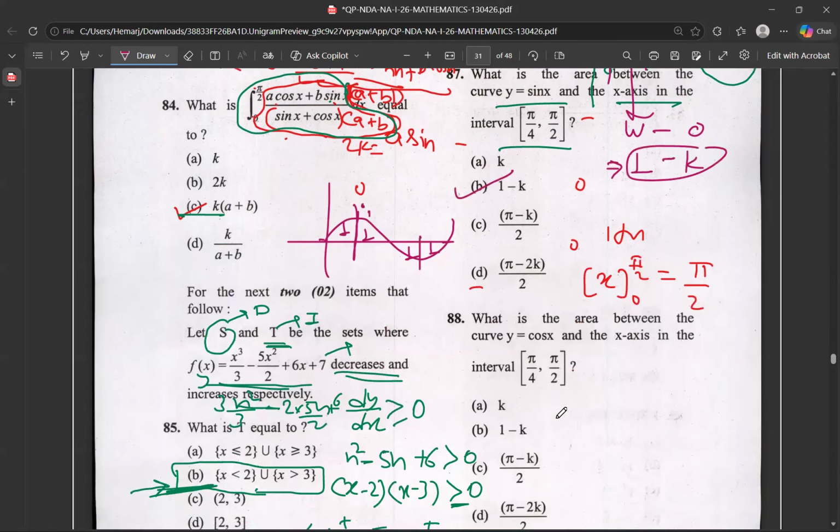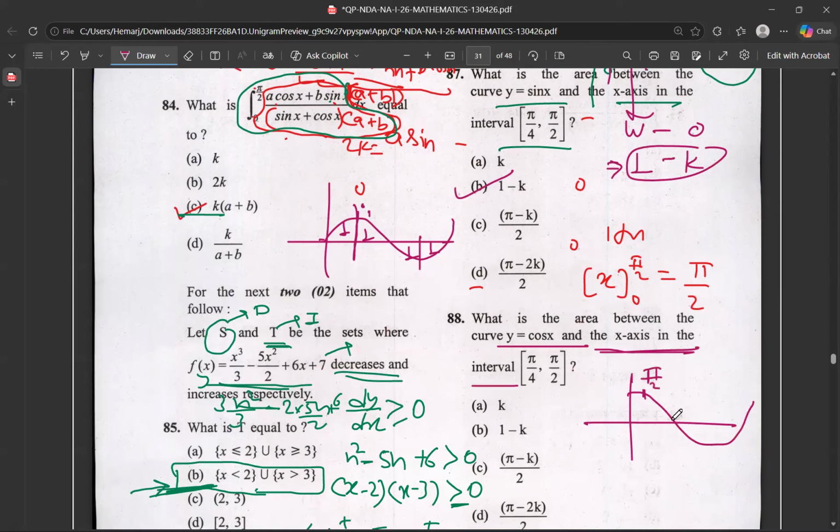Question 88, what is the area between the curve y equal to cos x and the x-axis in this interval, pi by 4 to pi by 2?